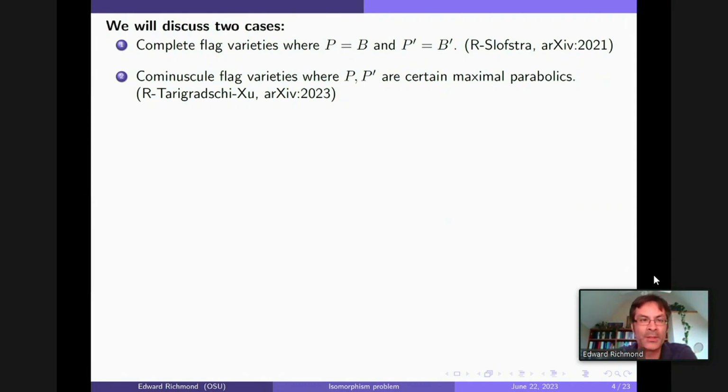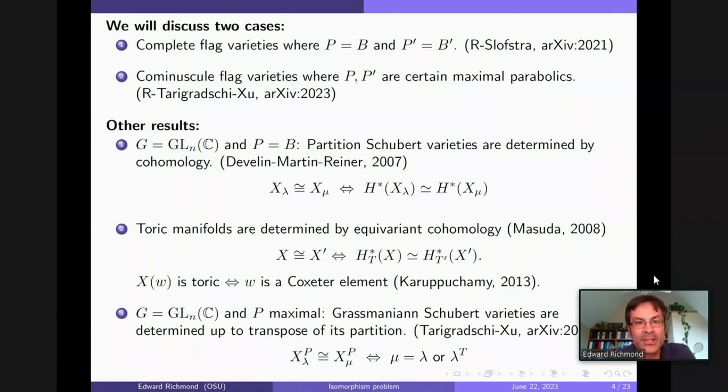Now, I'm not the only one that has thought about this problem, so I'd like to mention some other results on the isomorphism problem. Back in 2007, Devlin, Martin, and Reiner looked at a certain class of Schubert varieties coming from the complete flag variety of type A. They call them partition Schubert varieties.